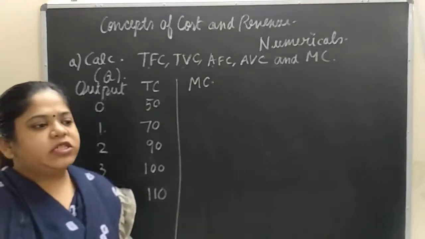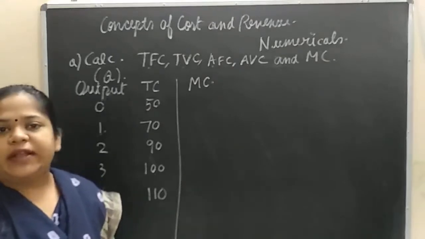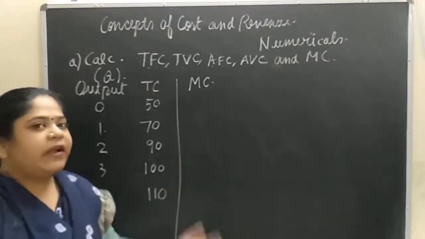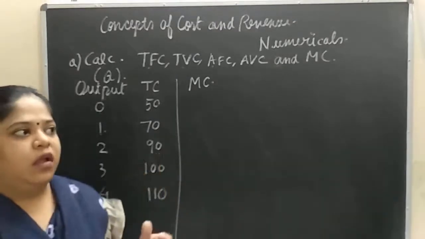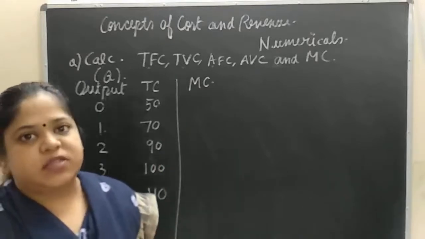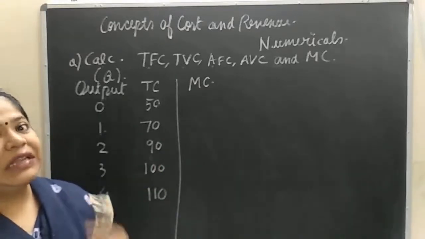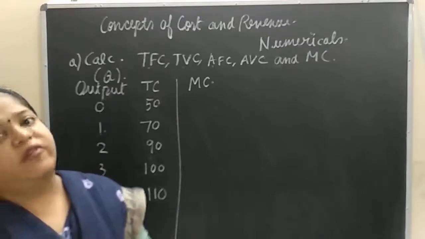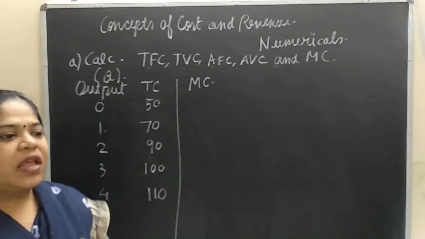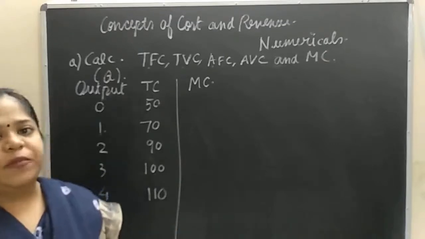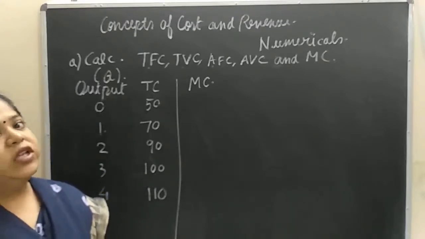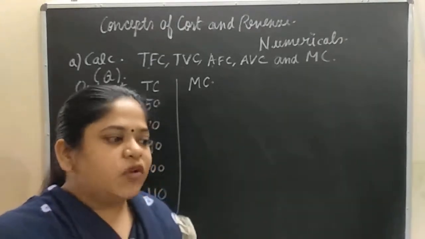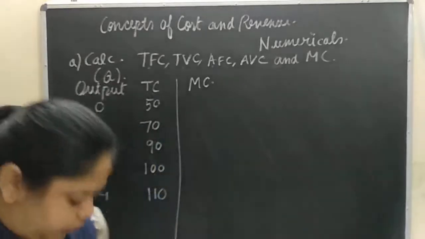It is the additional total cost. If cost is going from 50 to 70, then 20 rupees is being added. That is called the marginal cost. What is the increase in the total cost due to an increase in one more unit of output? Marginal cost is the change in the total cost with an increase in one unit of output.